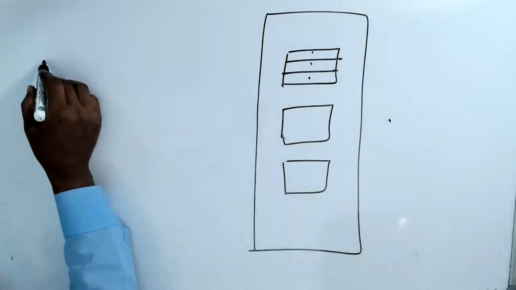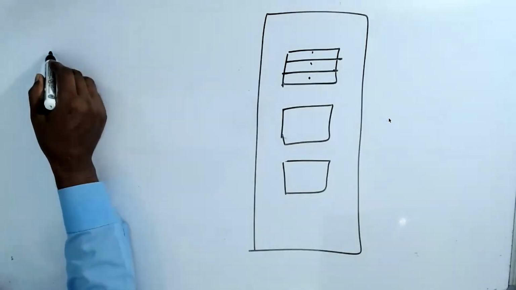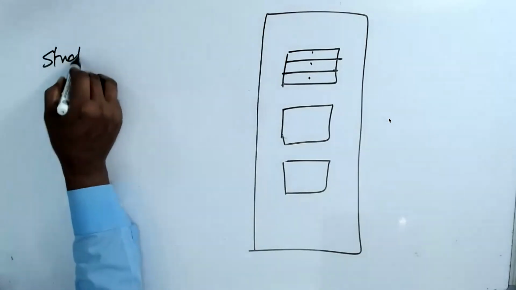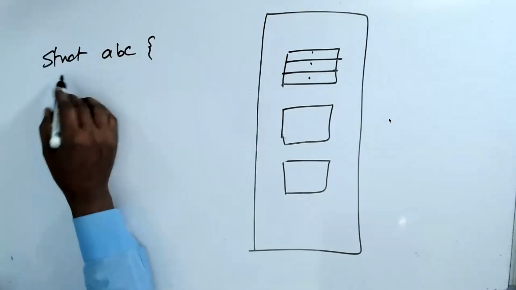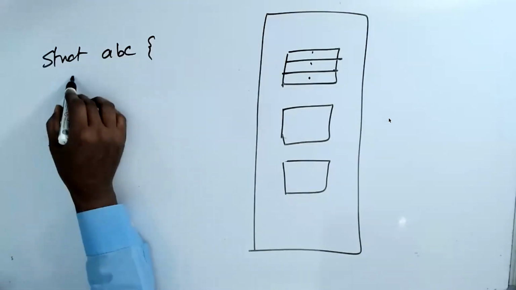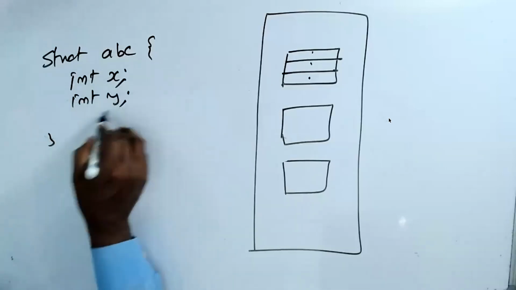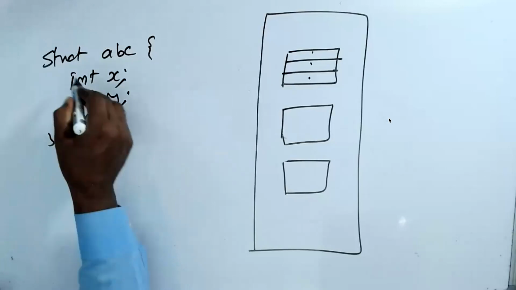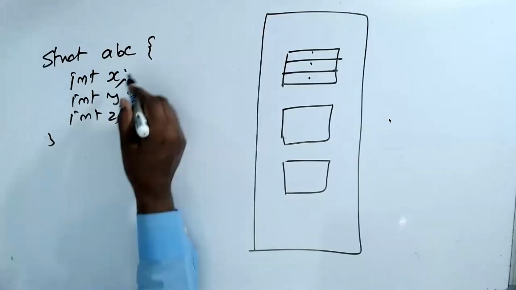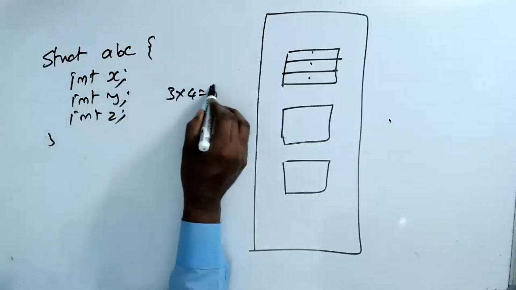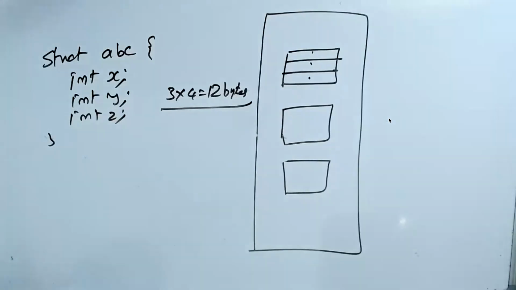For example, let us say I have a structure ABC with int X, int Y, int Z. Let's take a very simple one. These are long ints, so now I'm using about 3 into 4, 12 bytes.